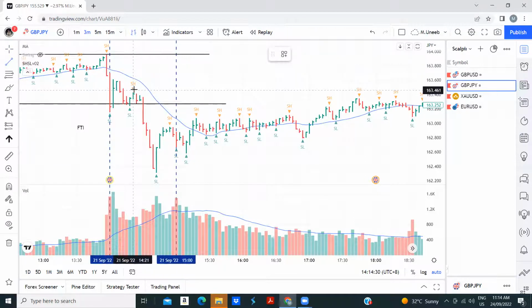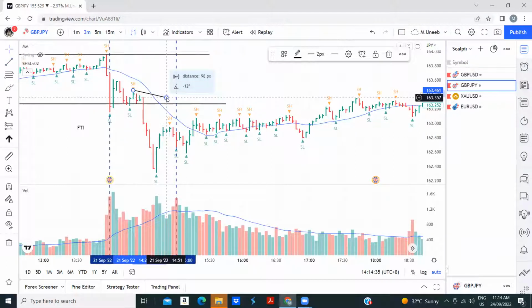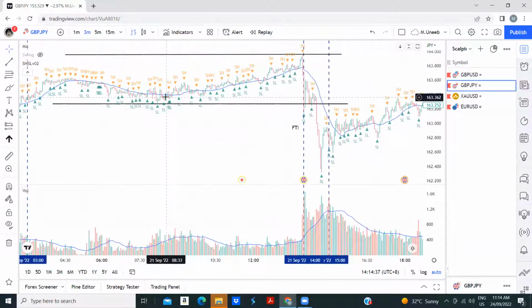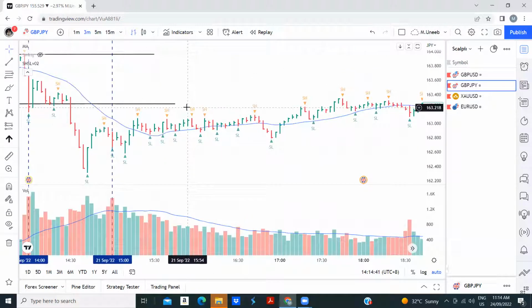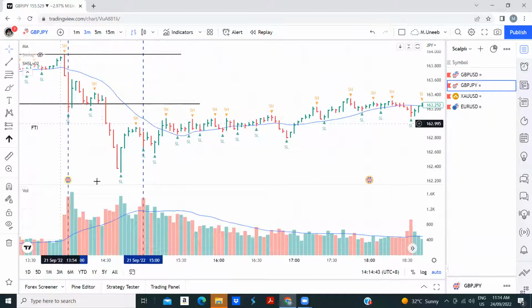I don't think we can make any kind of channel here, right? No channel. What we see here is the price just moving up after this threshold, but we see a very huge volume on the top here. Just a normal range here.